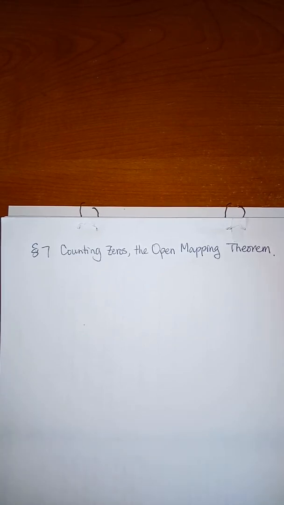In the past section, we know that if f is analytic, it has a zero.